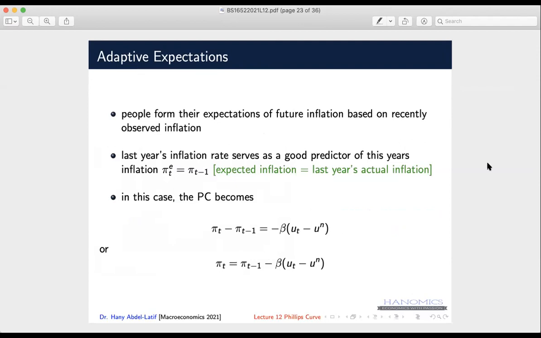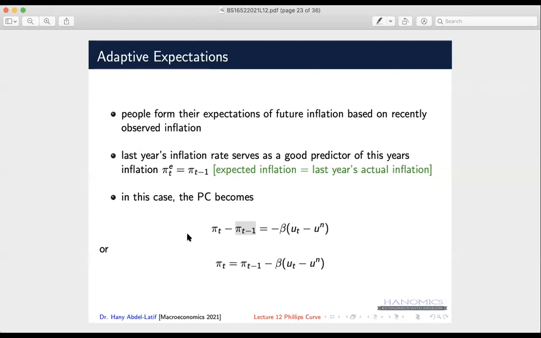One mechanism is adaptive expectations, which basically tells us that expected inflation is based on past inflation.